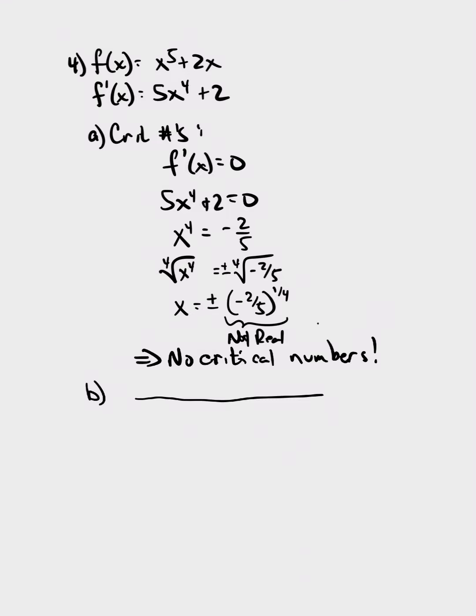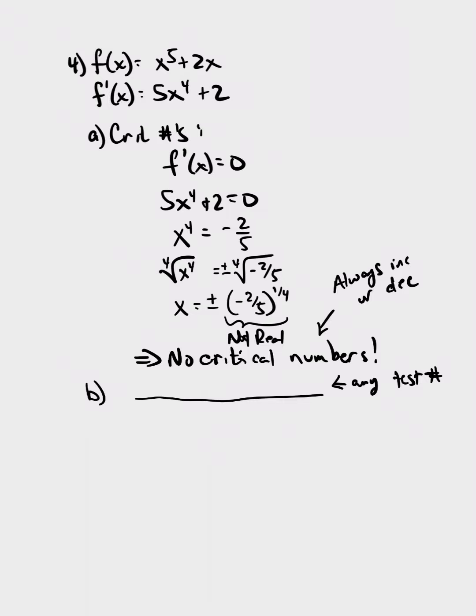Whenever there's no critical numbers, that means that this thing is always increasing or decreasing. So what that means is that I can use any test point to determine whether or not it's increasing or decreasing.